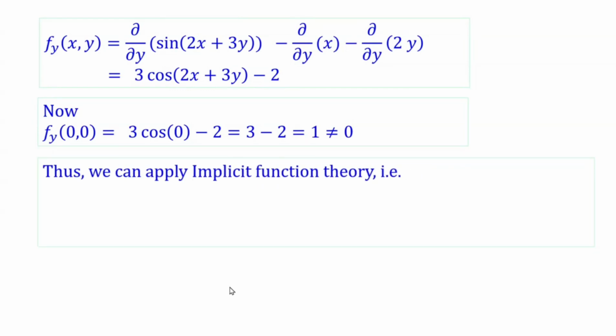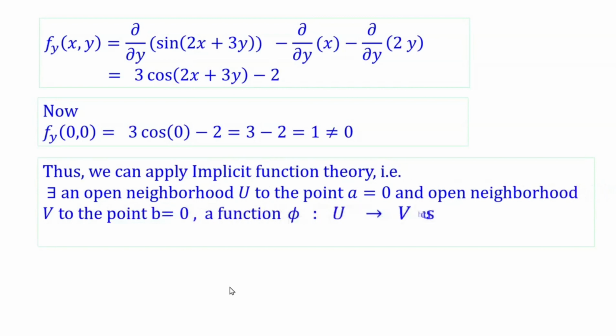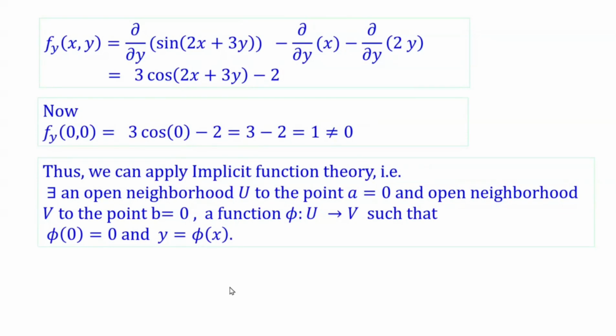Thus, we can apply the implicit function theorem, that is, there exists an open neighborhood U of the point a equals 0 and an open neighborhood V of the point b equals 0, and a function phi from U to V such that phi(0) is equal to 0 and y is equal to phi(x). So we prove that there is an implicit function y equals phi(x).